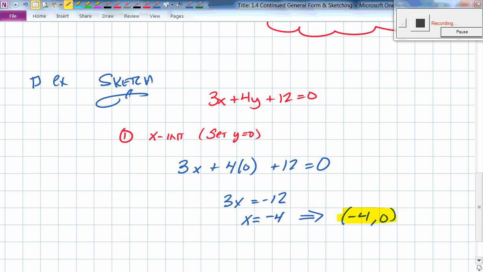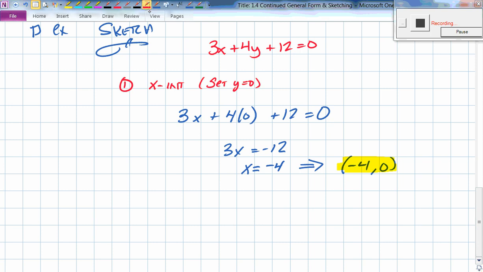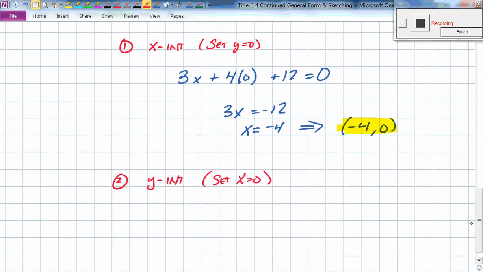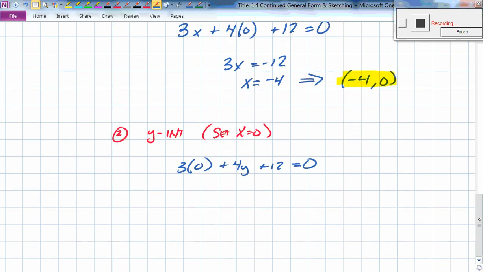What is my second step going to be? What do you think? Get the y-intercept. Very good. So if I get the y-intercept, what do I need to do? Set x equal to 0, right? Because the x is guaranteed to be 0 in that case. So I'm going to have 3 times 0 plus 4y plus 12 equals 0. Well, that means that 4y has got to be negative 12.